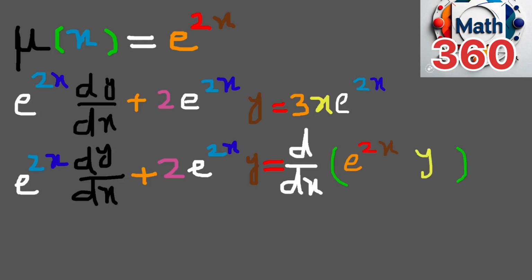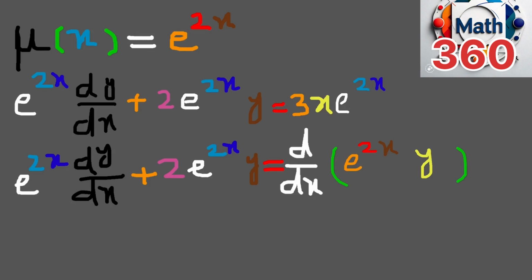The question may arise in our mind why this transformation is useful. The transformation into the derivative of a product, d/dx of e raised to the power 2x times y, greatly simplifies the problem.